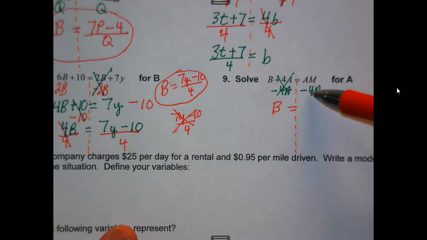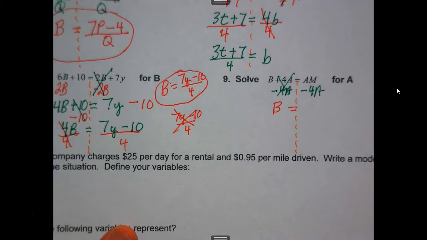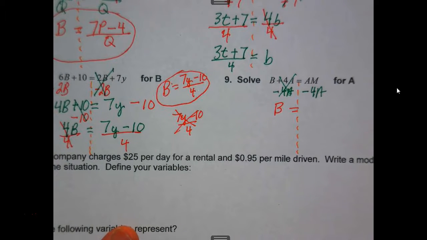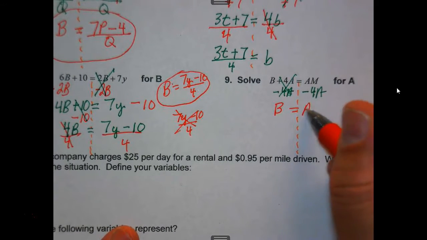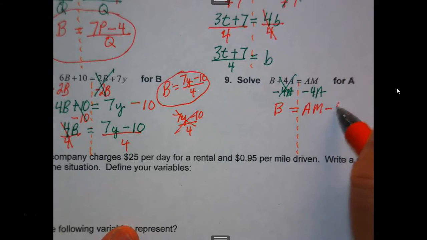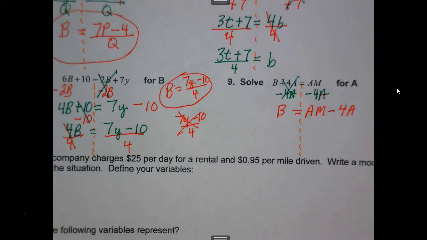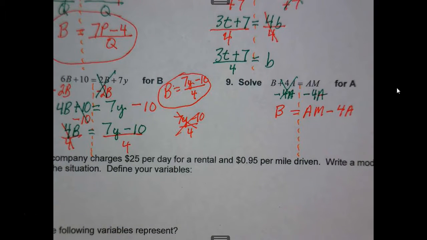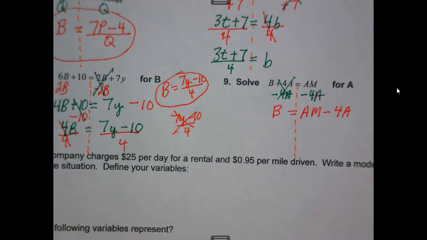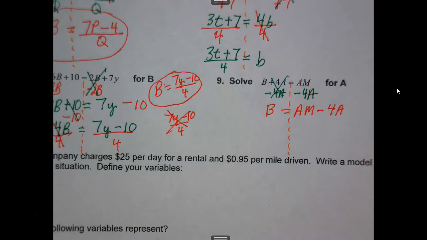Negative 4 and M are not the same number. So I have AM minus 4A. Okay? I have capital A and two terms on the same side of the equal sign. What do I have to do?